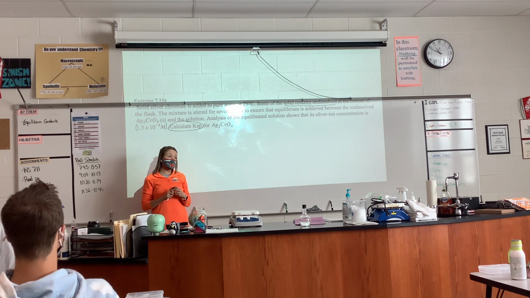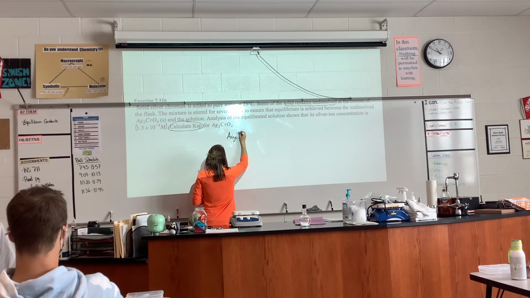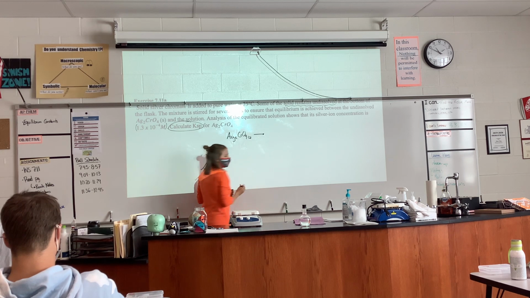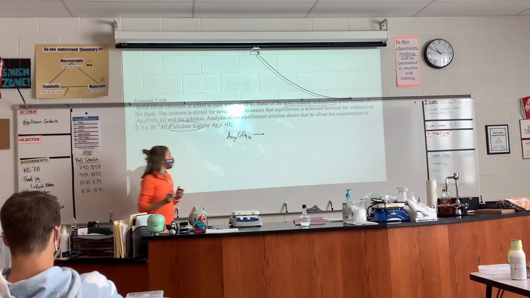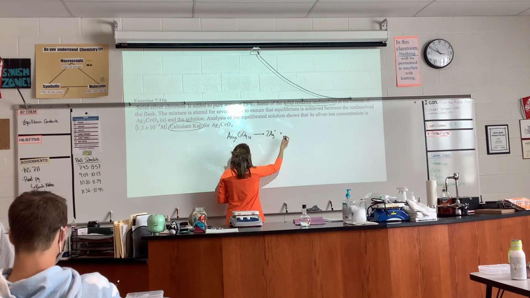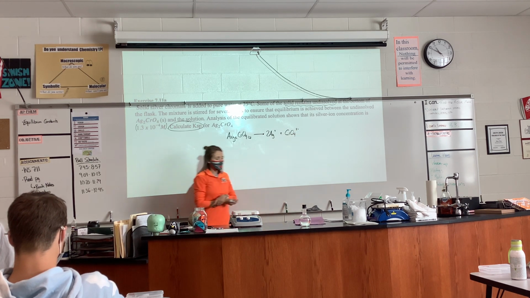And the majority of the time with solubility, they're going to make you write the equation, but all the equation is doing is taking your solid and showing what it breaks up into. So it's just 2Ag+ and CrO4 2-.